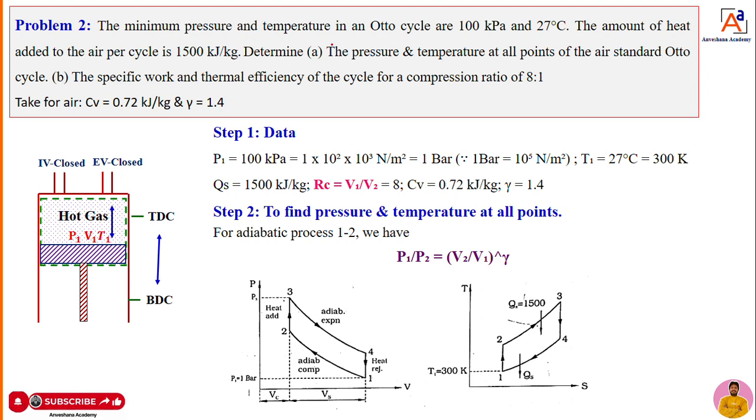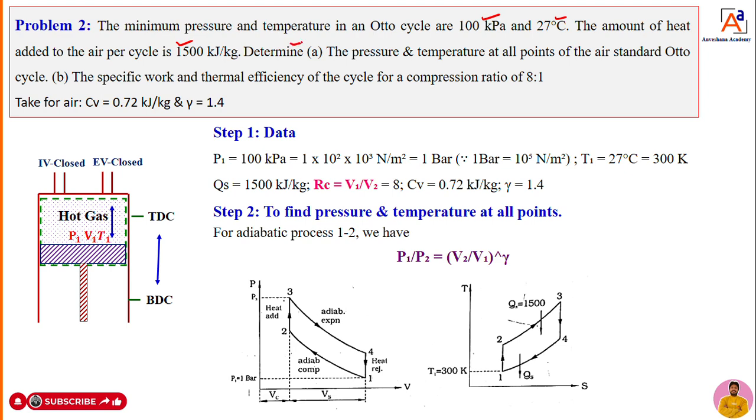The minimum pressure and temperature of Otto cycle are 100 kilopascal and 27 degrees Celsius. The amount of heat added to the air per cycle is 1500 kilojoules per kg.